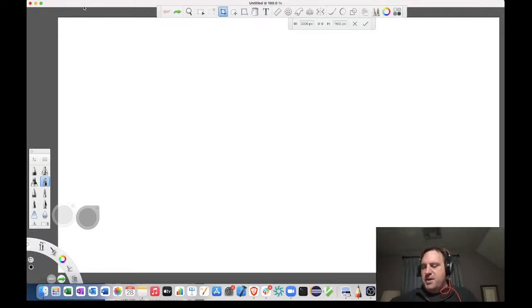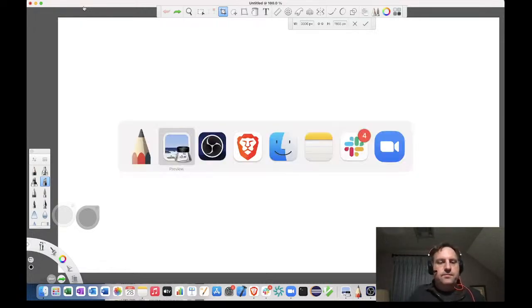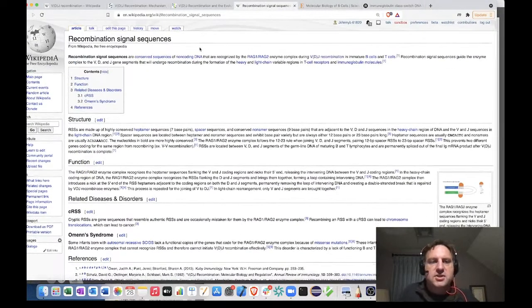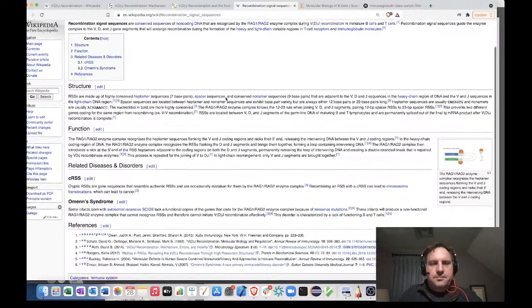Basically there are signal sequences that help these guys do their business. These are called recombination signal sequences. This has a 7 base pair sequence, then a spacer, then a 9 base pair sequence.